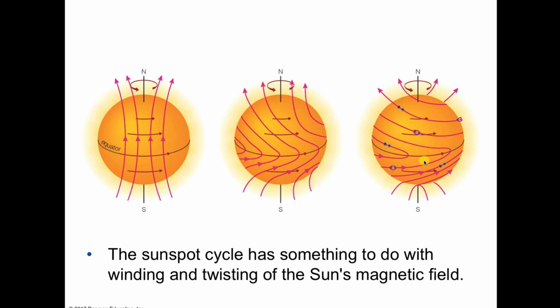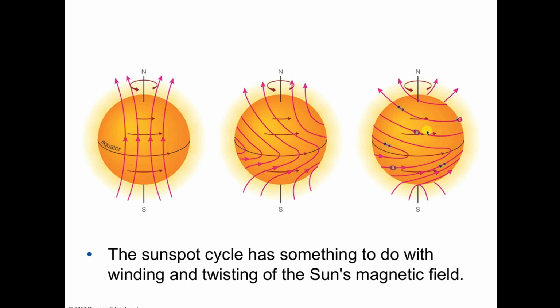What's really interesting is that if you look at the magnetic field of these sunspots, you can measure the direction. We've talked about their polarity. If you measure the sunspot polarity in the northern hemisphere during a particular sunspot cycle, what you find is that during the next sunspot cycle, the sunspots in the northern hemisphere have had their magnetic polarity switched.